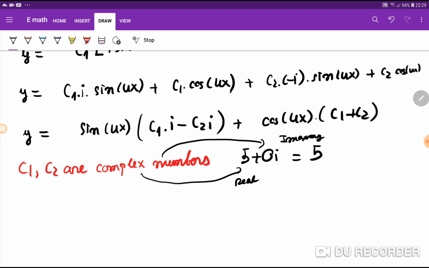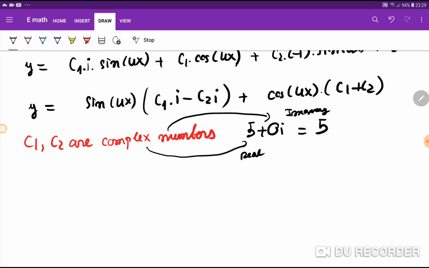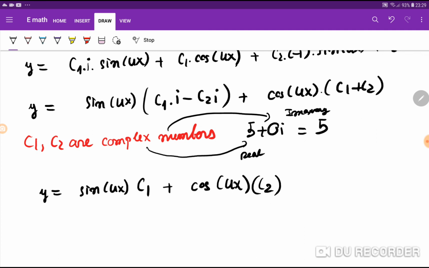But yeah, you see the point. So c1 i minus c2 i refers to a complex number, right? So I'm just going to replace it with c1, because I don't want a complicated expression to denote it. I just want to be simple. Similarly, c1 plus c2 I will replace with c2. Both refer to a complex number.